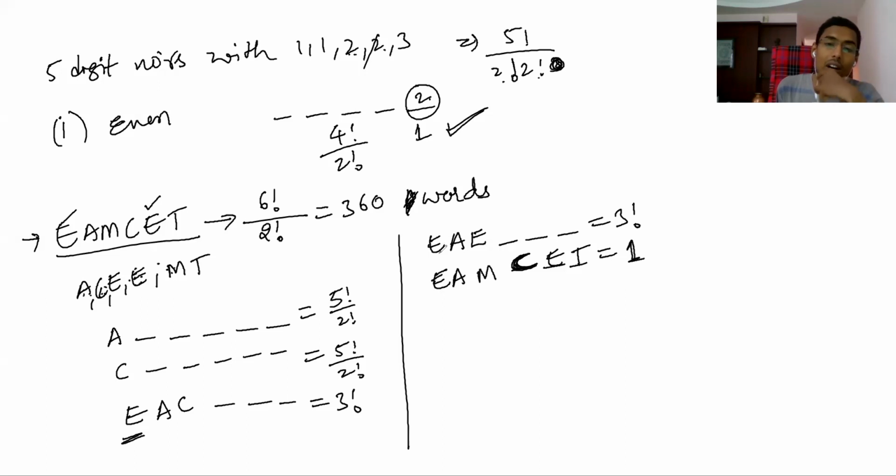That means after EAE, the words that start with EAE, 3 factorial, 6 words will be there. After that, the word starting with EAM, in that first only our word comes. So this is your answer: 2 into 5 factorial by 2 factorial, plus 3 factorial into 2, plus 1.